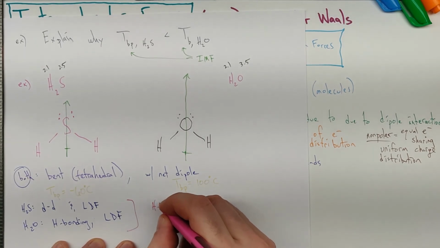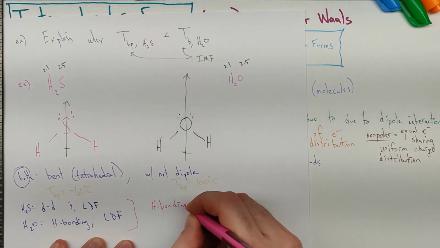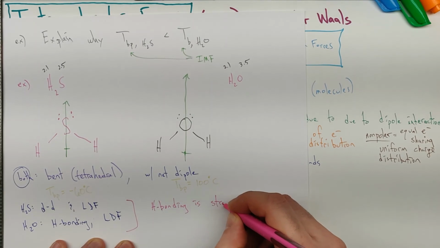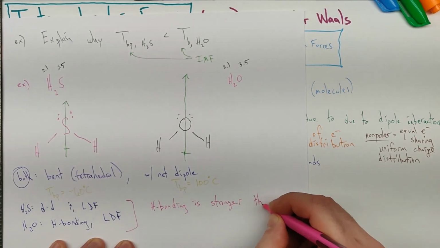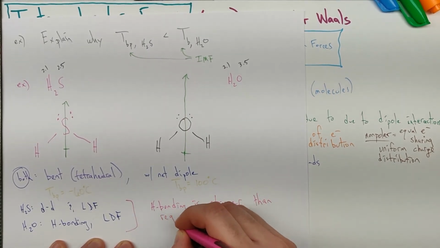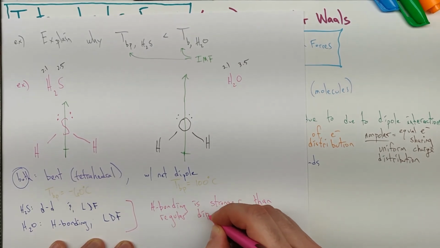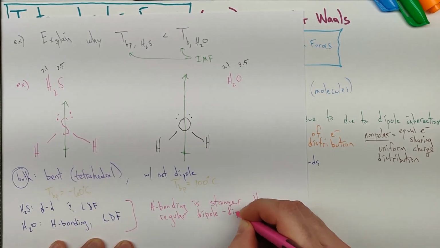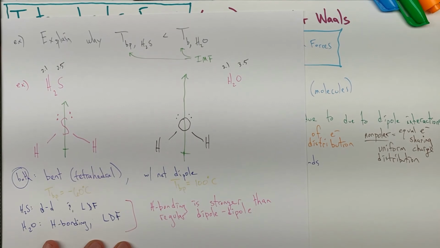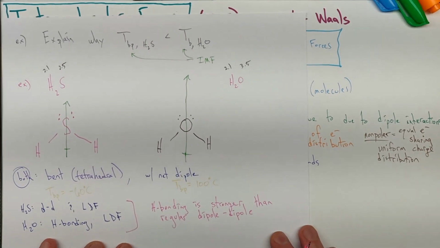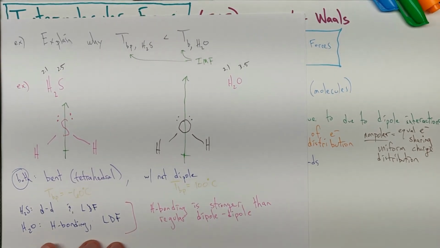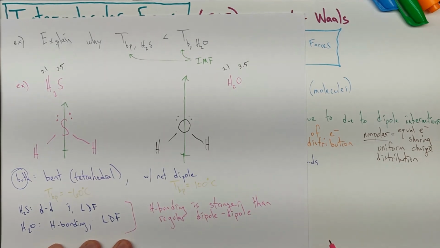The hydrogen bonding is stronger than regular dipole-dipole. And I'm going to write in these next words, so the particles are more strongly attracted, and then there's a higher boiling point, more energy required to get them apart.